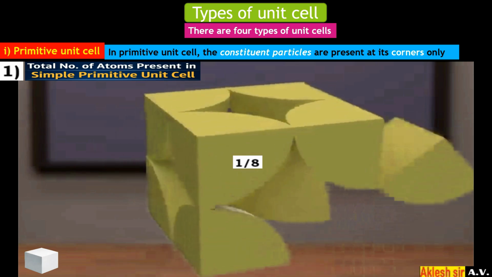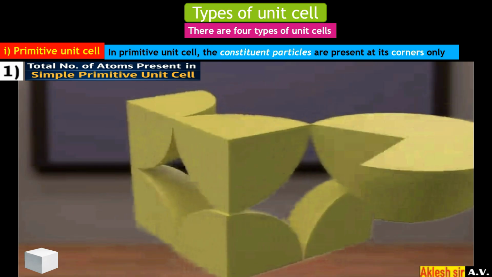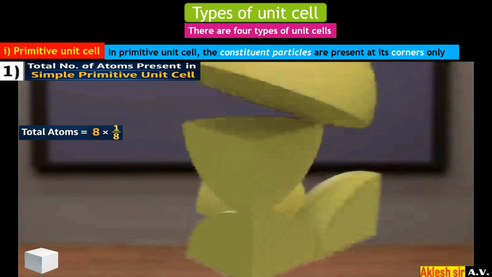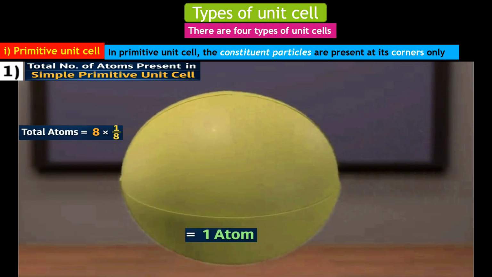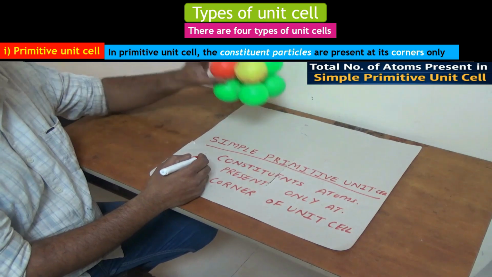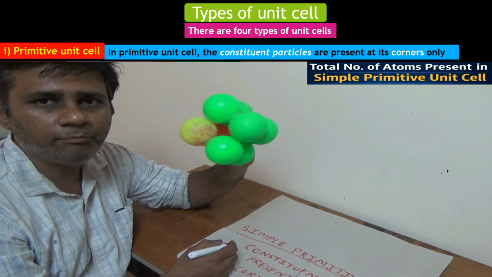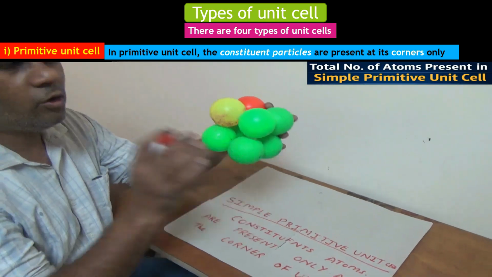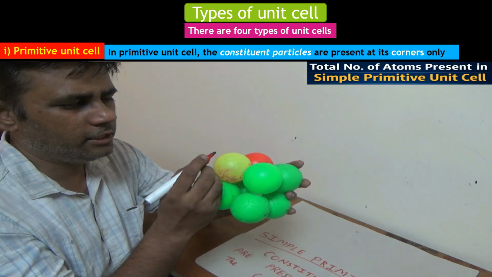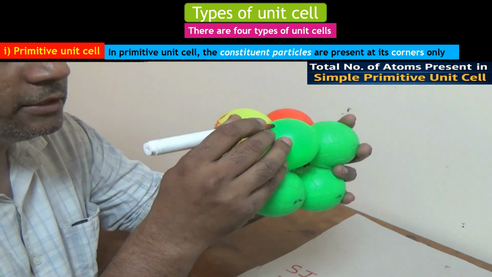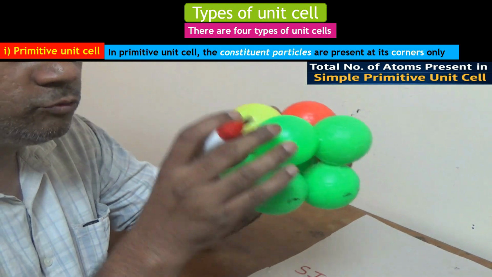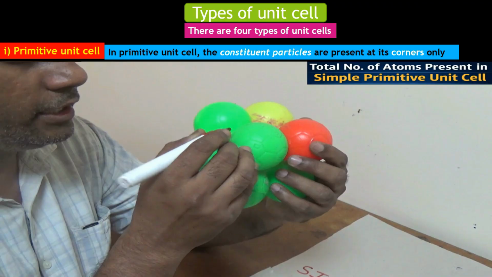Therefore, the number of atoms in one simple cubic unit cell is 8 multiplied by 1/8, which is equal to 1. How many atoms are present in the simple unit cell? So always remember that in a simple unit cell, each corner contributes 1/8.